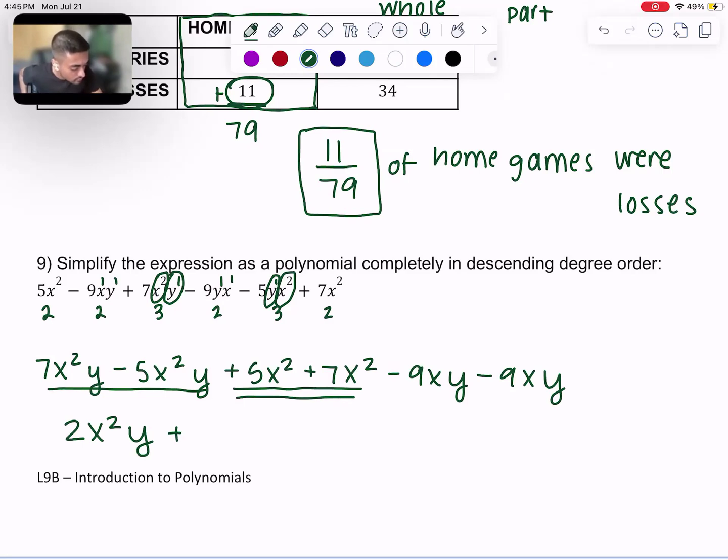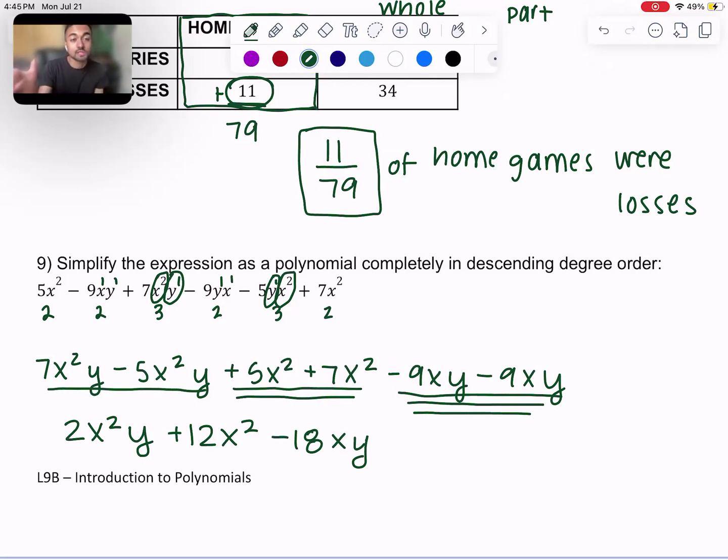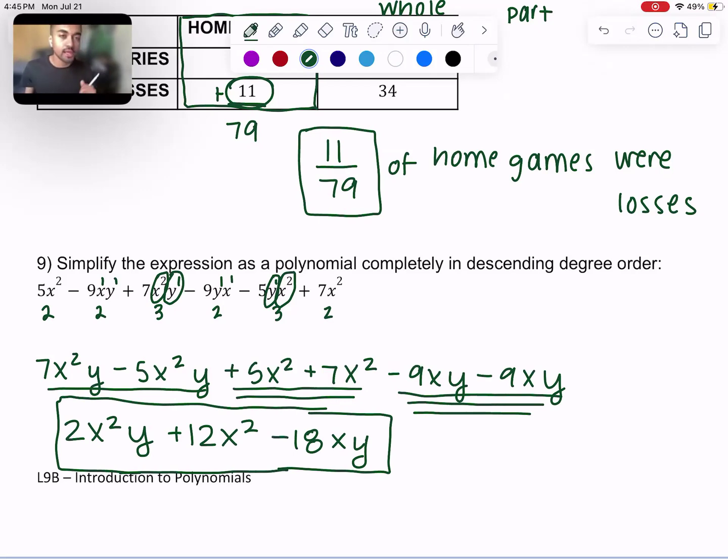These are like terms. And these are like terms. Negative 9 minus 9. Those don't cancel. Those are not opposites. That just makes it more negative, negative 18. And we have our simplified answer.